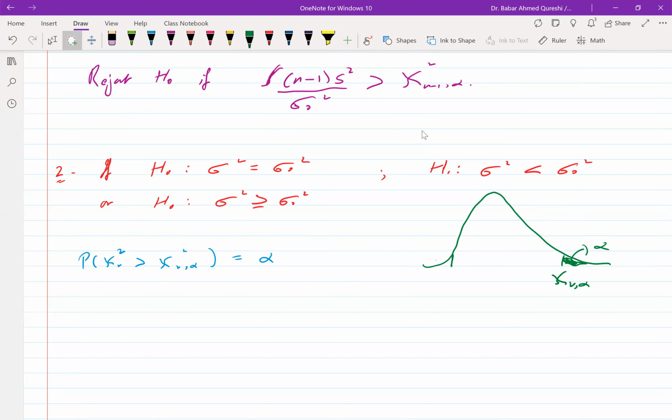Now I want to put this area to be alpha. Then this chi naught beta, which I'm calling, P of chi naught square being less than chi naught beta square is alpha.